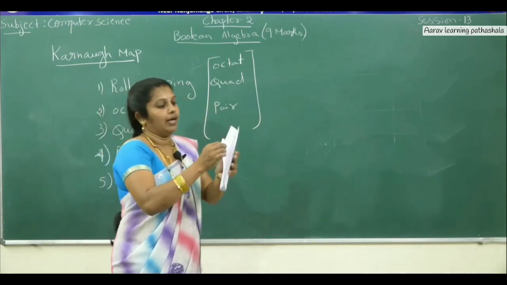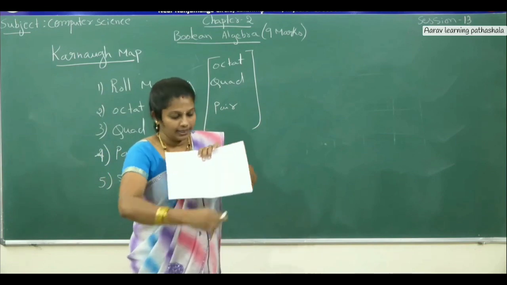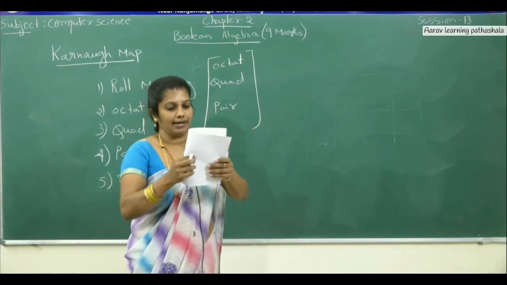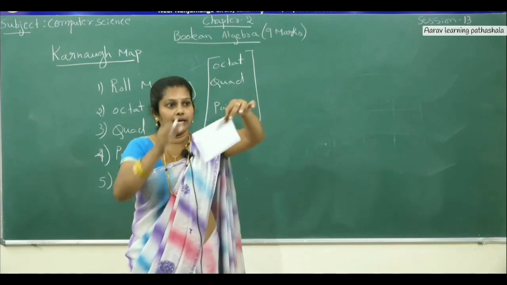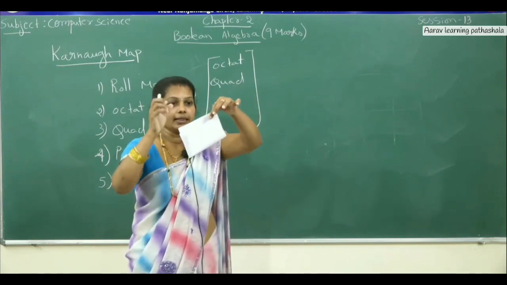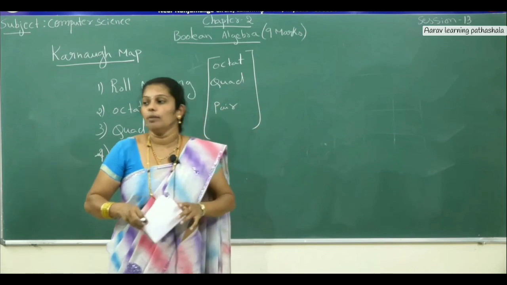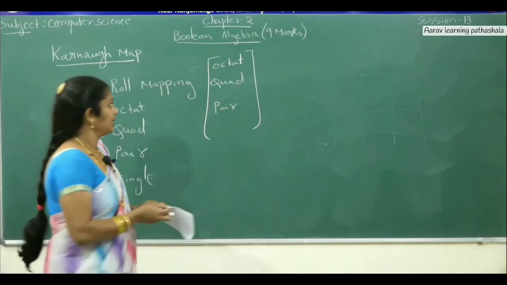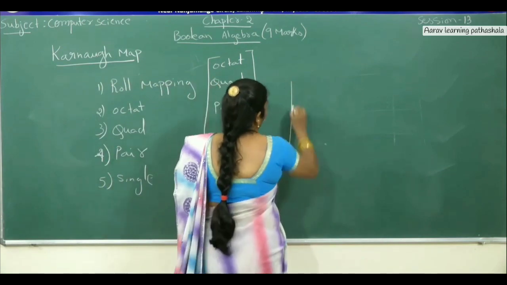For example, if I have all the borders 1, consider this is a K-map. If I am going to fold this pattern, and all the borders are matching and combining, then also I can call it roll mapping. That I will show within this K-map pattern. Consider we have a K-map.